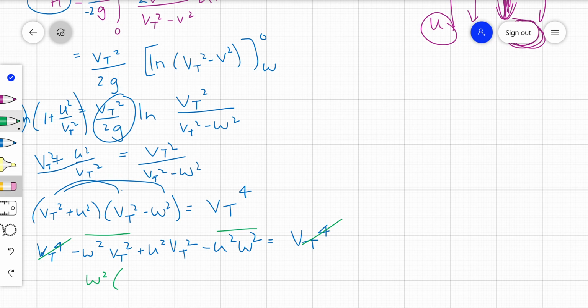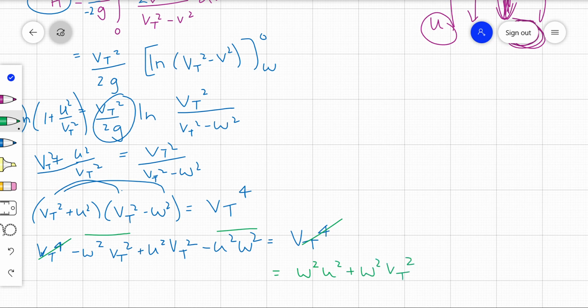Let me just put all the w's on one side. So basically, I'm going to put them on this side so they're all positive. w squared u squared, and w squared vt squared.